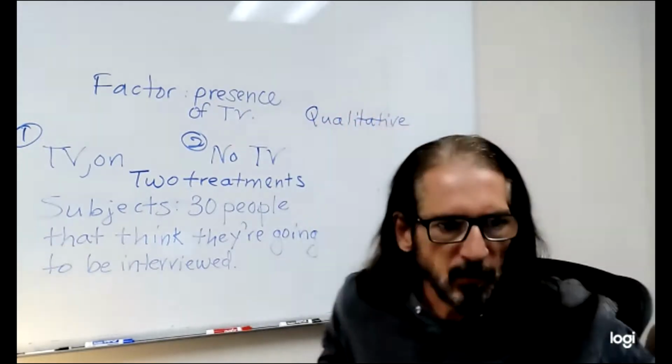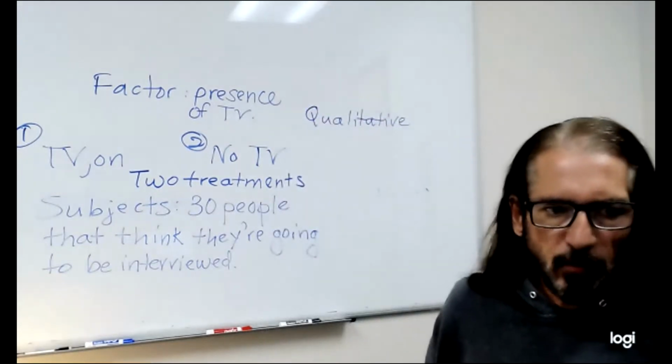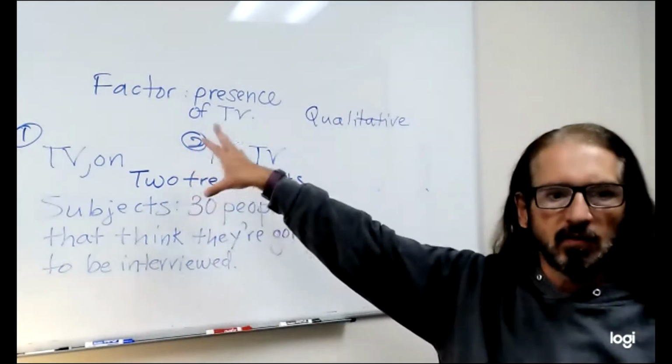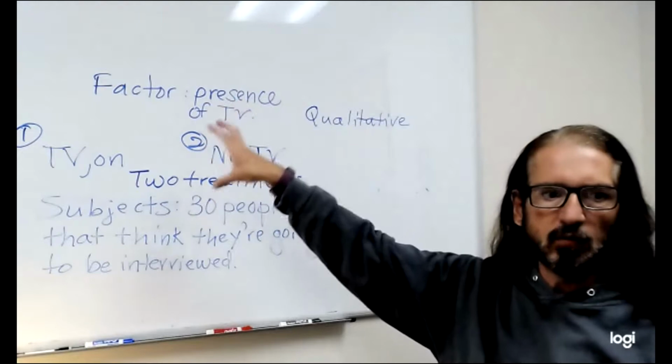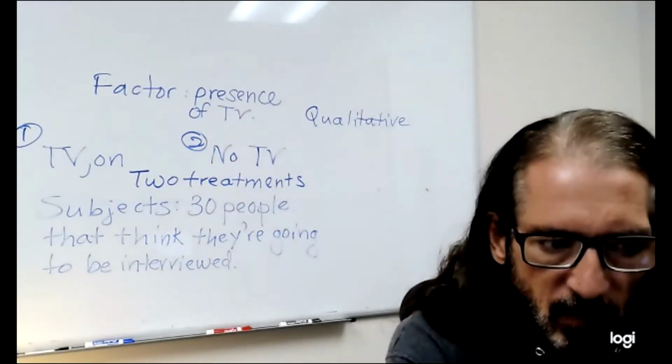So the explanatory variable or factor is a broader description than treatment is. Treatment gets into the specific values or specific levels of the explanatory variable.